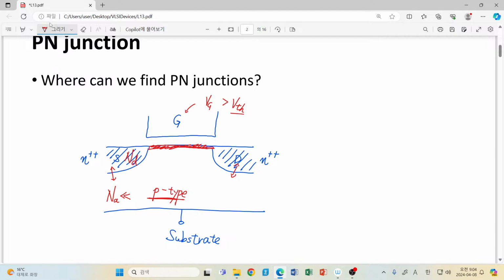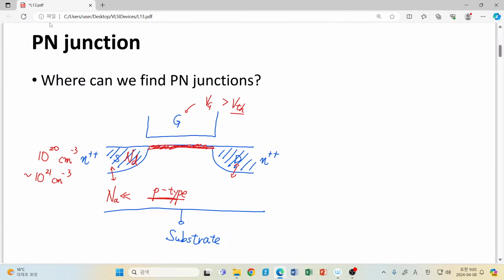In this case the N plus doping is typically on the order of 10 to the 20 per cubic centimeter, or even exceeding 10 to the 21 per cubic centimeter. In the case of the Na substrate doping, the typical value would be 10 to the 17 or 10 to the 18, much lower than that.